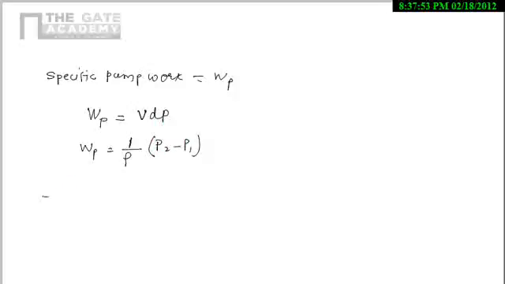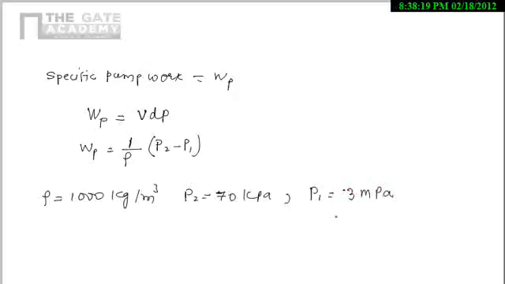In that problem, density is given, that is 1000 kilogram per meter cube. P2 is given, that is 70 kilopascal, and P1 is given as 3 megapascal, so we have to convert to kilopascal. So P1 will be 3000 kilopascal.